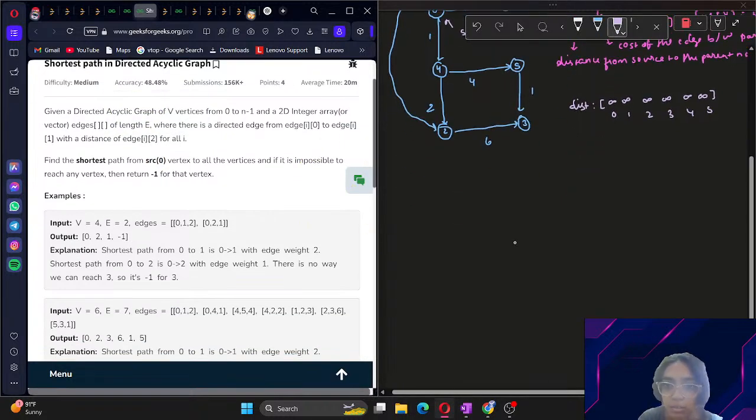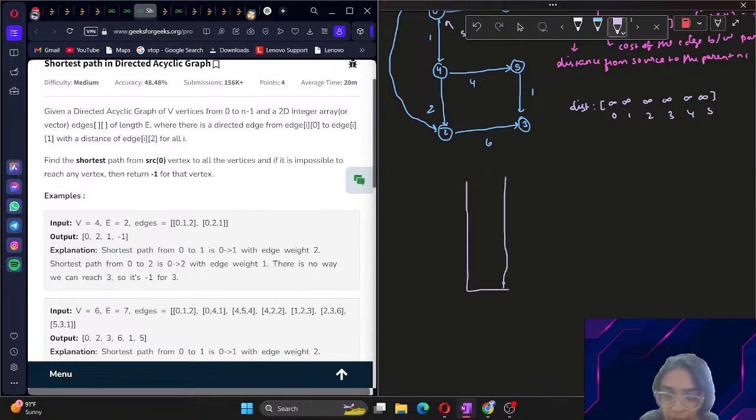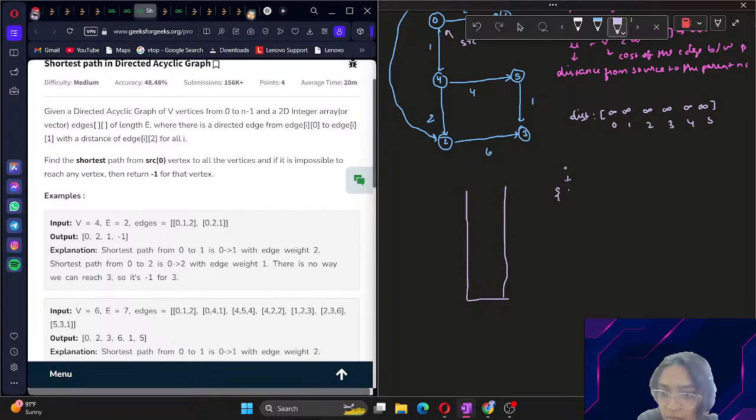Now, what we're going to do is take a queue for BFS traversal, and what we are going to push is the node and the cost, right?